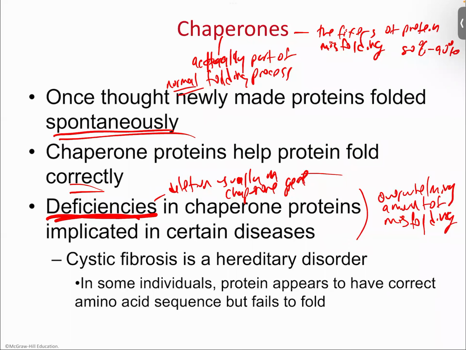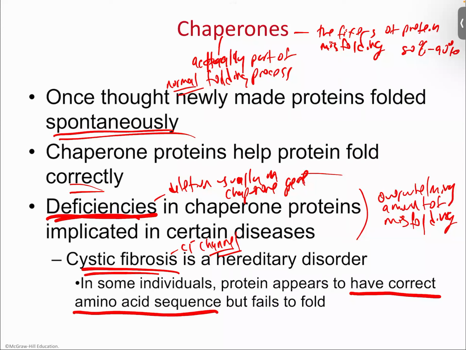And we found this in cystic fibrosis. Cystic fibrosis is basically a disease where you lose a chloride channel. So the protein involved in cystic fibrosis is a chloride channel. And it's hereditary. But what we noticed in this particular type of cystic fibrosis was that when we analyzed the chloride channel, the chloride channel itself had a normal amino acid sequence.